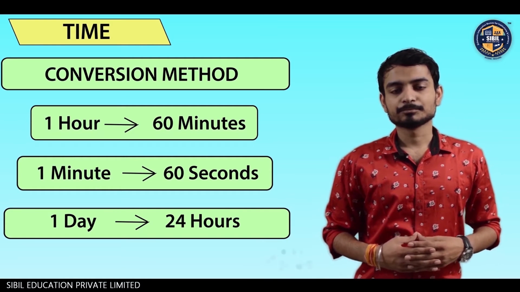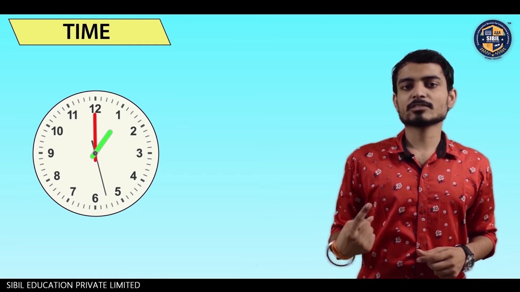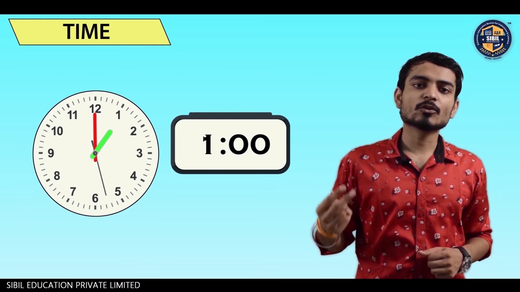Let's move further. There are two types of clocks. First one is the 12-hour clock and the second one is the 24-hour clock. Sometimes you have seen the time written like this.